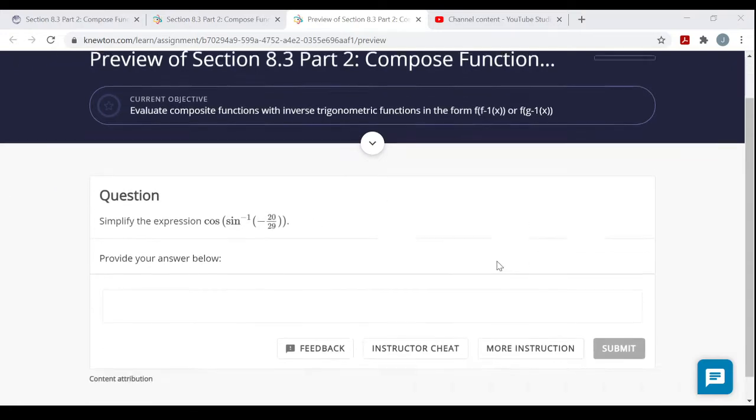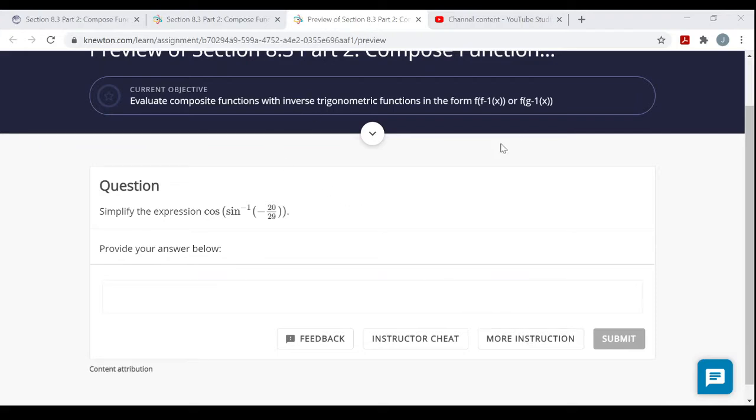Alright, you can click on more instruction. I feel like we know enough about the inverse trig functions to be able to do these right now. Alright. So again, the key is remembering that when you see an inverse, first off you got to remember what the range is, and also that it gives you an angle measure.